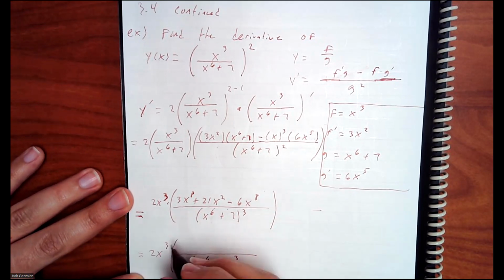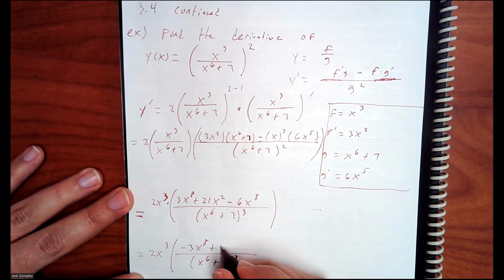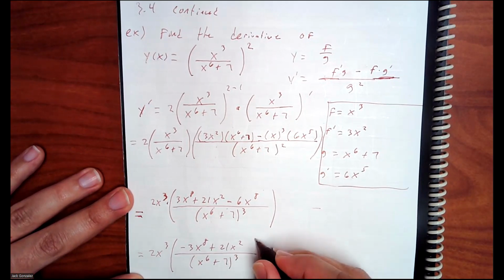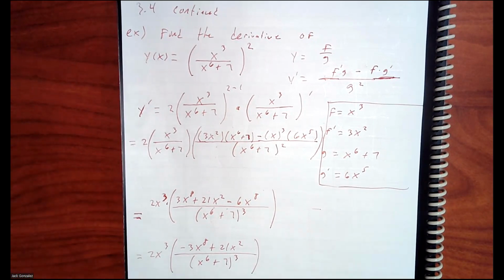So 3 minus 6 is a negative 3 plus the 21x squared. Do you see anything we can factor here? X squared. Yeah, x squared. What else?